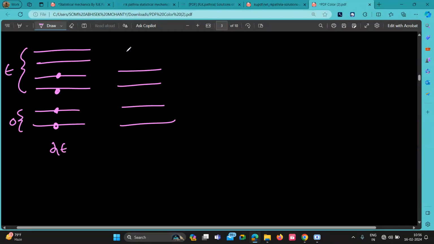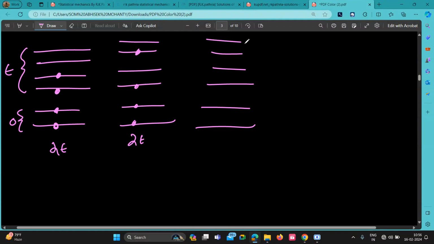Now I'll just leave a space here. This is also 2 epsilon if you see. I'll go one more step. This is also 2 epsilon, isn't it? Because both are here 0. Okay, this is for 2 epsilon.